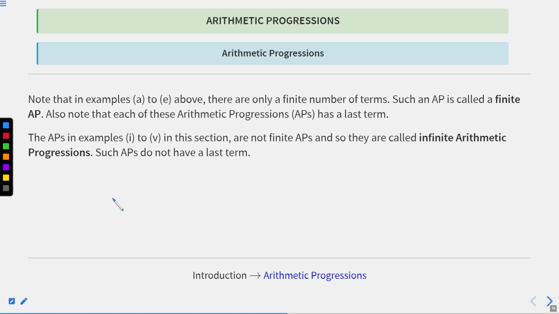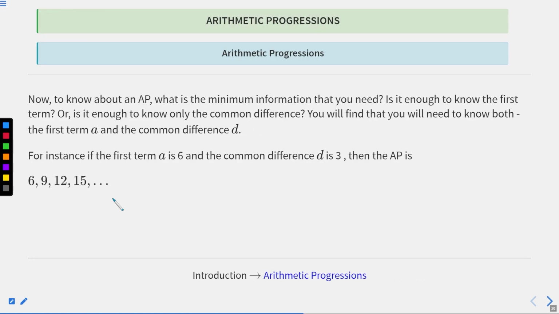Now, to know about an arithmetic progression, what is the minimum information that you need? First question: what is the minimum information that you need? Second, is it enough to know the first term only?